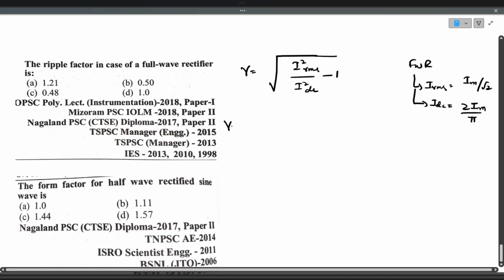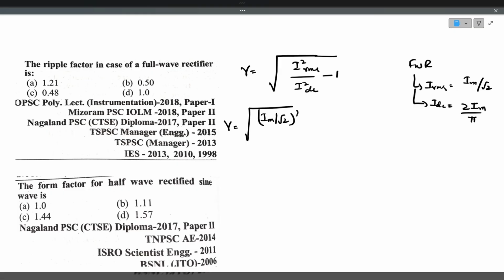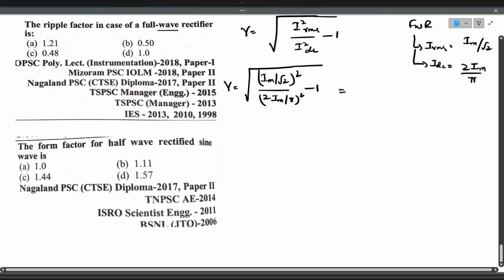Substituting these values, gamma equals square root of ((Im by root 2) whole square divided by (2 Im by pi) whole square minus 1). By substituting these values, you will get the answer as 0.48. So the answer is option C.